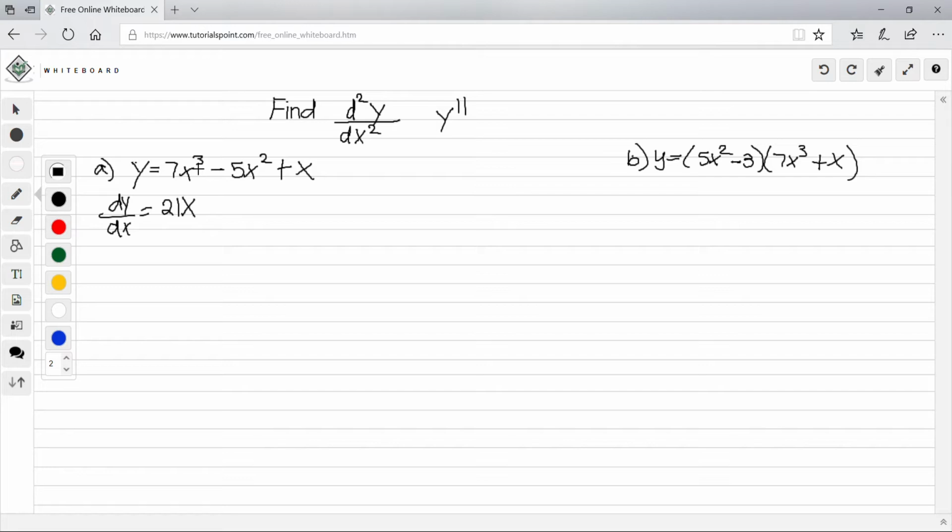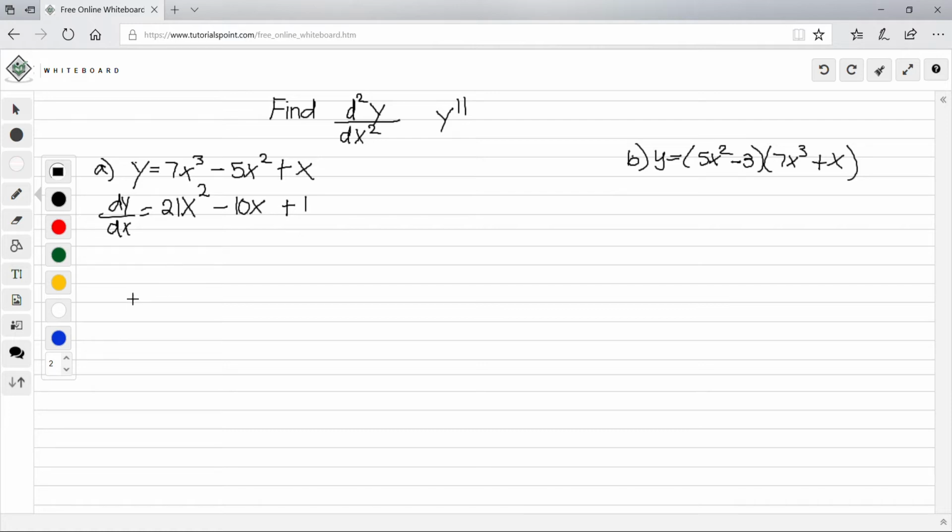So 3 minus 1 is 2. So it's 21x squared. Same here. So negative 5 times 2 is negative 10, and then 2 minus 1 is just 1. So it's just negative 10x. And then the derivative of just an x is always just 1. Plus 1. So this is our first derivative.